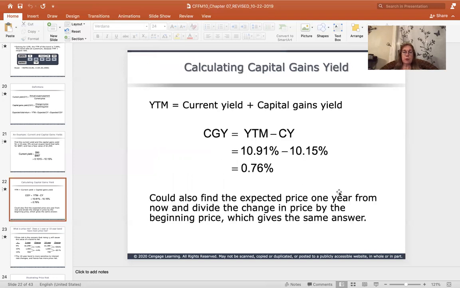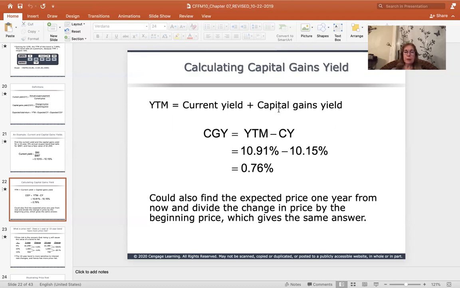That's what they're doing on the next slide. So remember, the yield to maturity equals the current yield plus the capital gains yield. In this case, the yield to maturity is 10.91%. The current yield is 10.15%. So if we take 10.91 minus 10.15, we get 0.76. That's the capital gains yield.